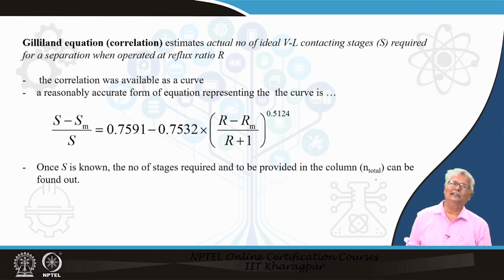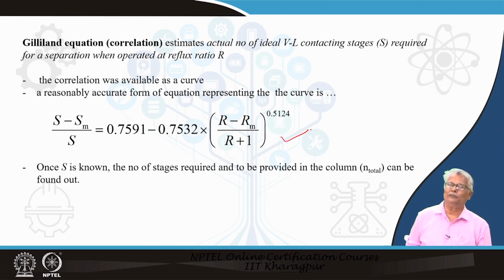In fact, Gilliland gave us a correlation in graphical form originally, whose mathematical form is here. This is the mathematical form, and this basically has been found out empirically, and it relates the minimum number of theoretical stages Sm to the real number of stages corresponding to R. That means, S corresponds to R reflux ratio and Sm corresponds to Rm, the minimum reflux ratio, and this is the expression.